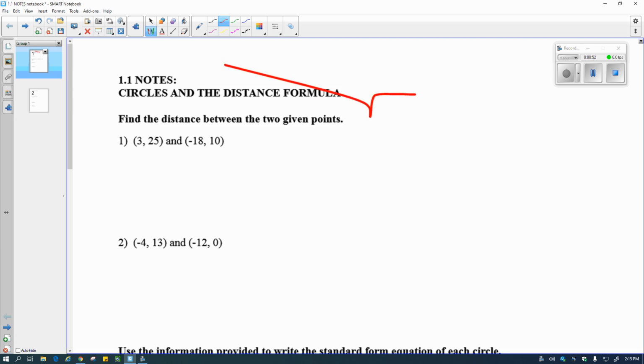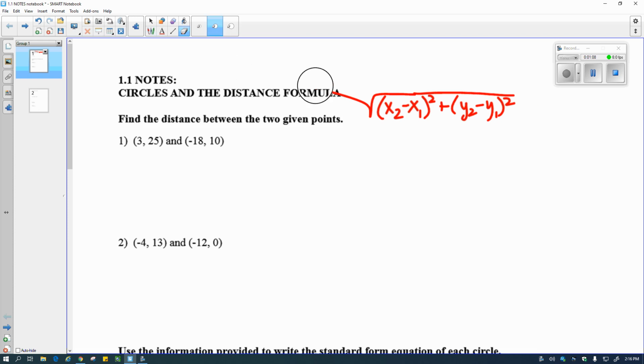The formula is the square root of x2 minus x1 quantity squared plus y2 minus y1 quantity squared. I'm afraid to get rid of this piece here because last time I tried to do that I couldn't get the marker back, but we'll see. Hopefully this works. Oh, not so bad. Okay, so there's our distance formula.